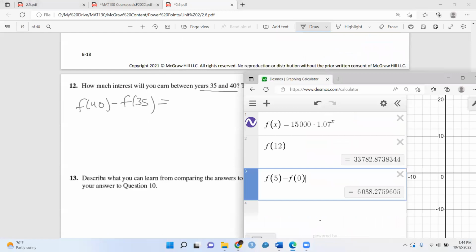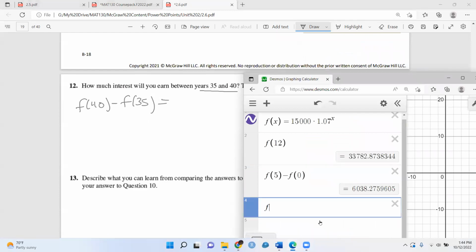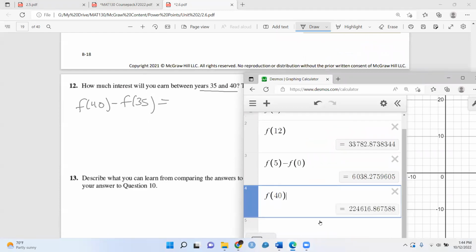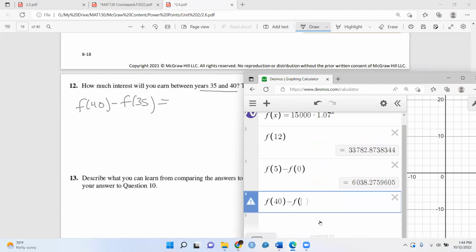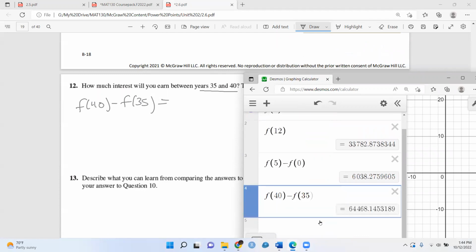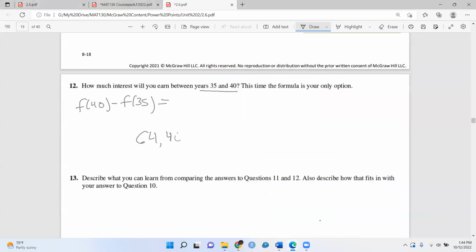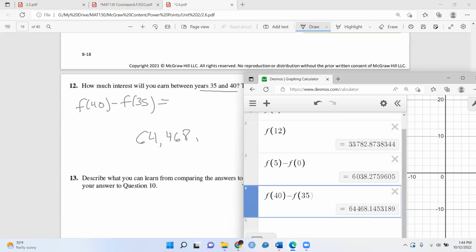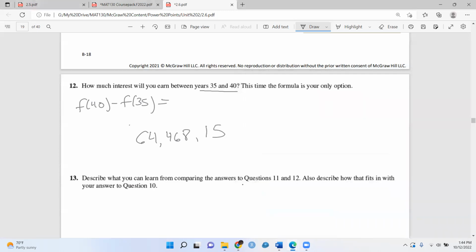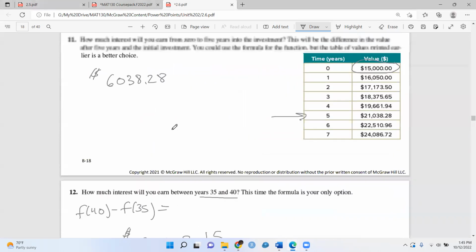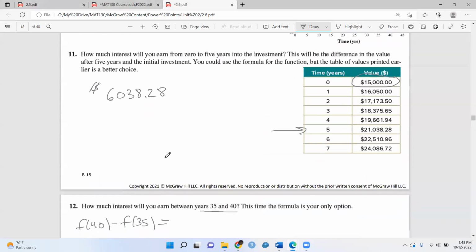So let's do that. F of 40 minus f of 35. Whoa, 64,468.15. Note, this is over a 5-year period, and this is over a 5-year period.